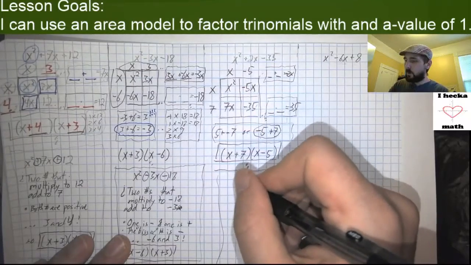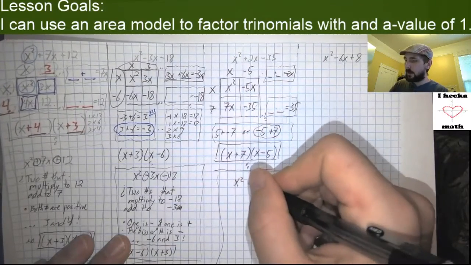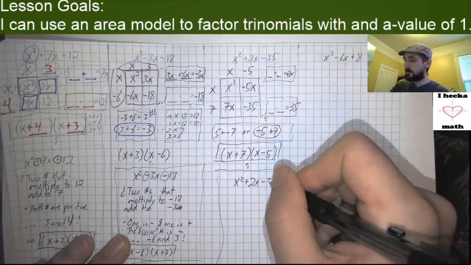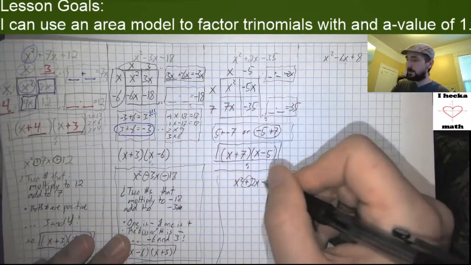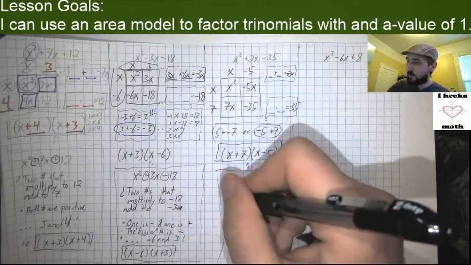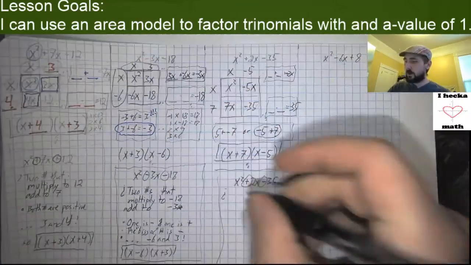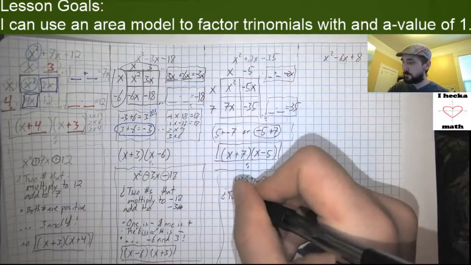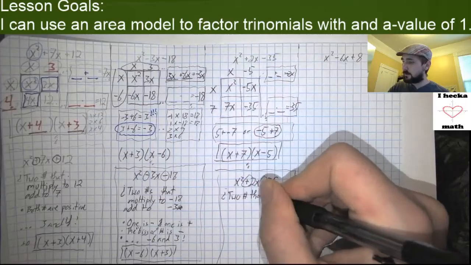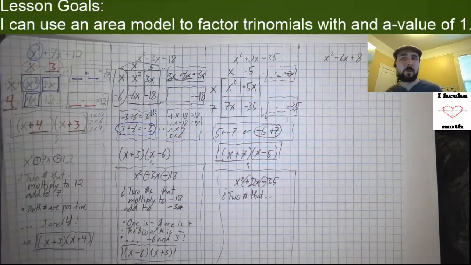Okay, so what is the thought process behind this answer? Well, this problem was x squared plus 2x minus 35. So plus and minus. And what were the two numbers? Here's where you would pause the video and see if you can fill this out for yourself.